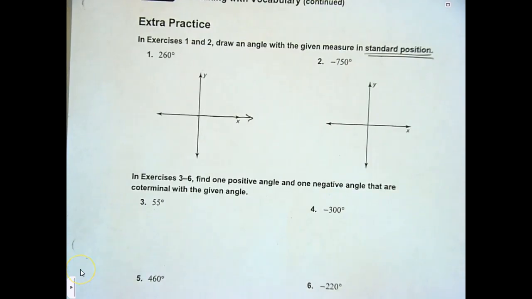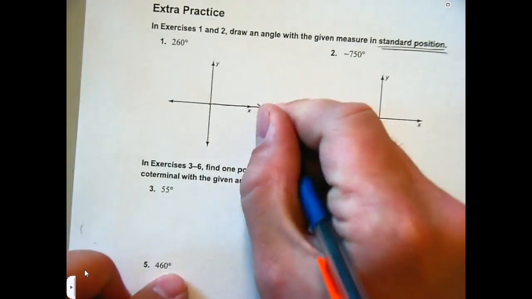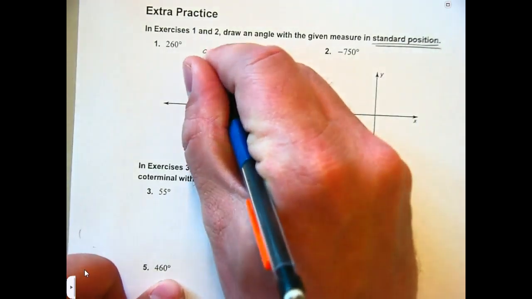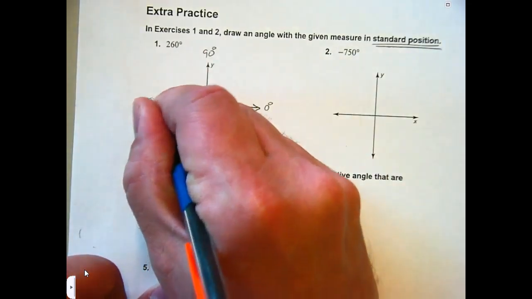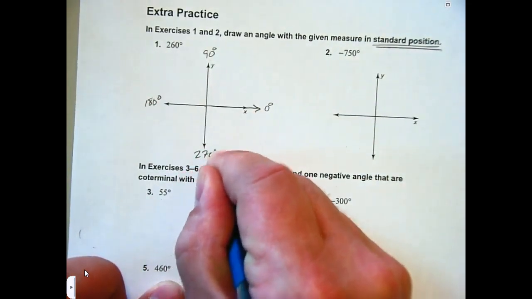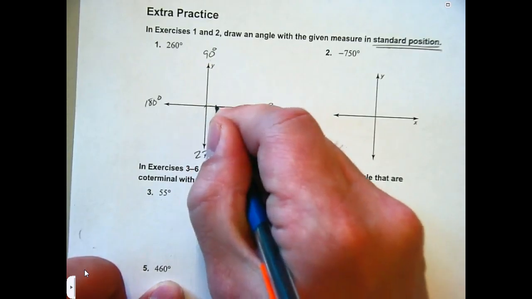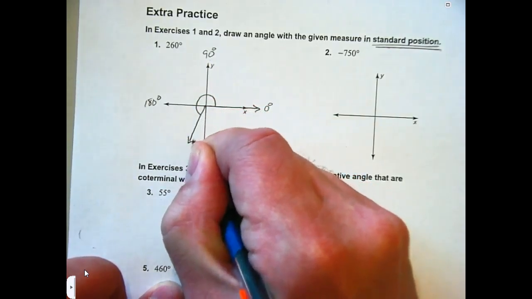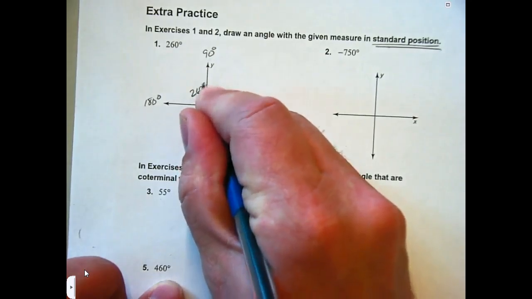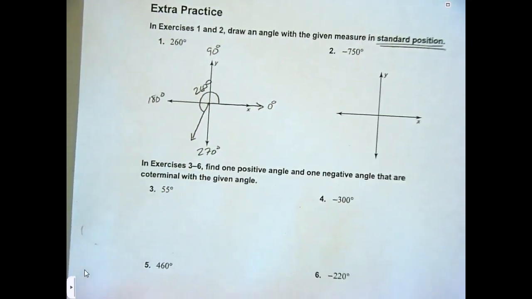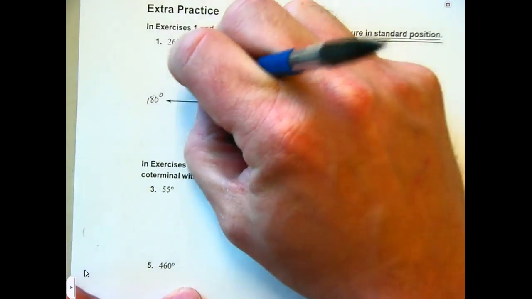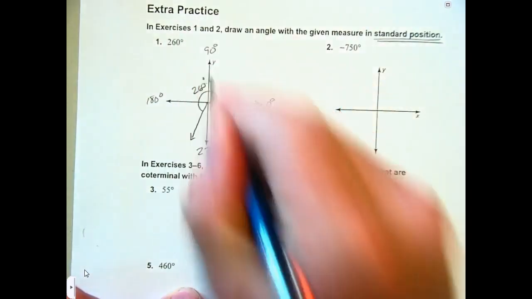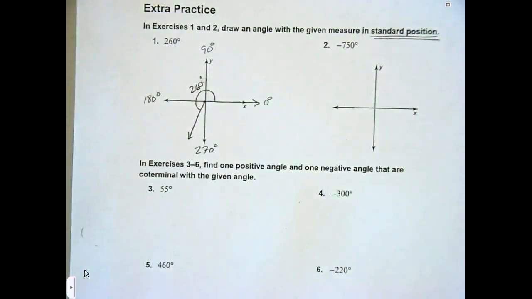Approximately where would that angle terminate? Note you're at 0 degrees here, 90 here, 180 here, 270 here. 260 is right before 270, so you'd rotate around till right before that, 260 degrees. That's a big degree symbol. Okay? Any questions there?